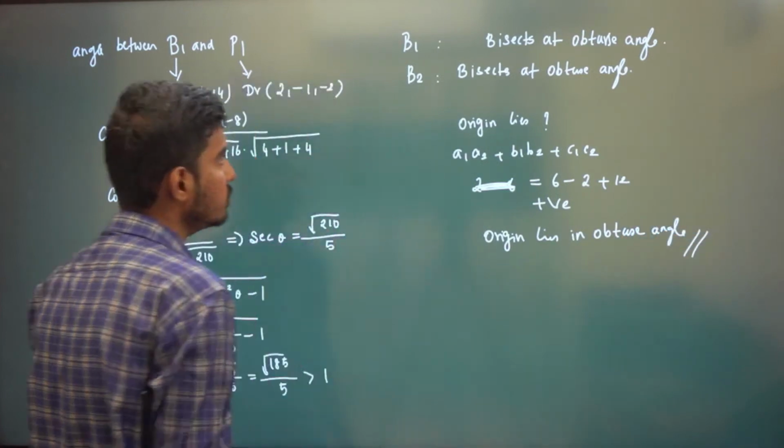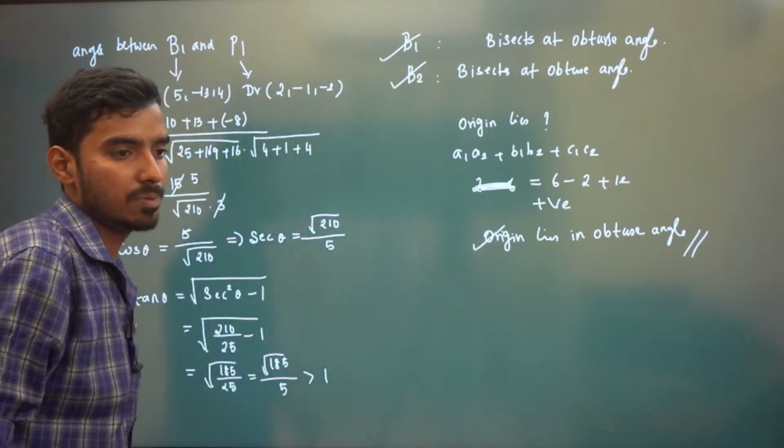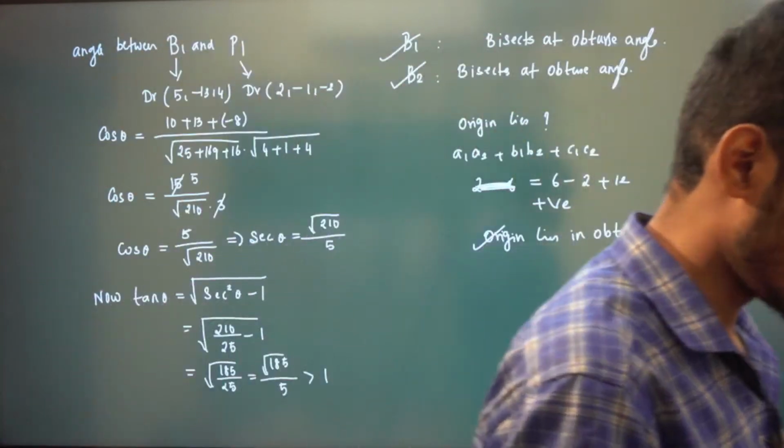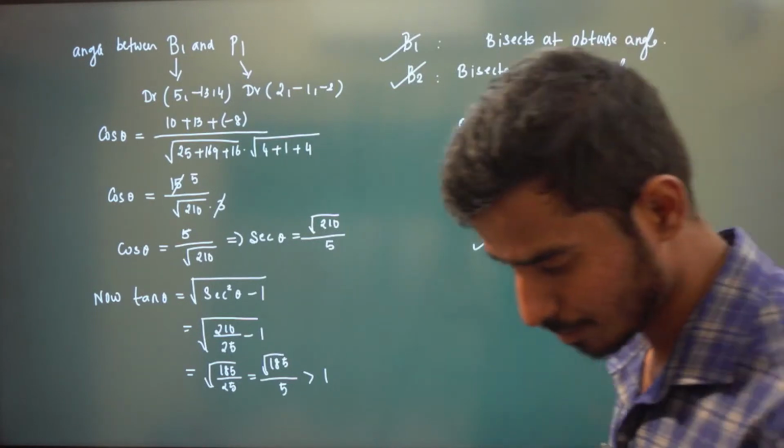So distinguish means you need to do these three things. Which plane bisects acute angle, which plane bisects obtuse angle, and where origin lies. You need to do three things. Right? Okay.